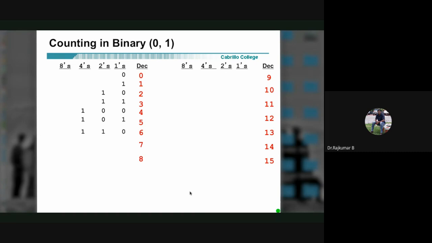6 would be 1 in the 4s, 1 in the 2s, 0 ones. 7, 8 would be 1 in the 8s and 0 in the 4s, 2s, and 1s. 9, 10. 10 would be 1 in the 8s plus 1 in the 2s. 8 plus 2 is 10. 11, 12, 13.